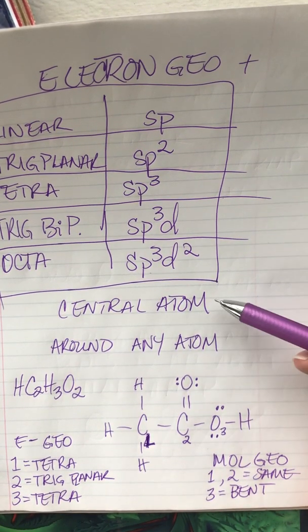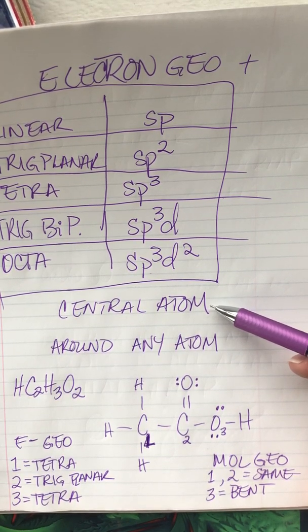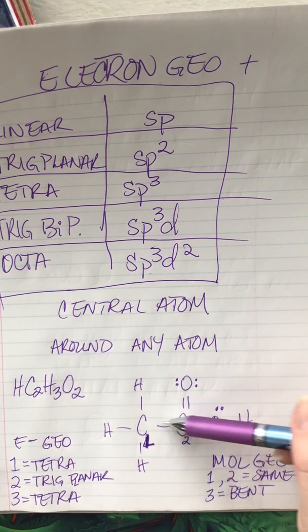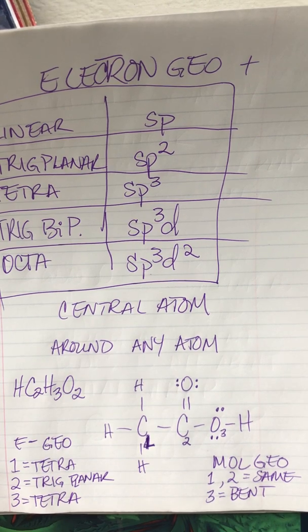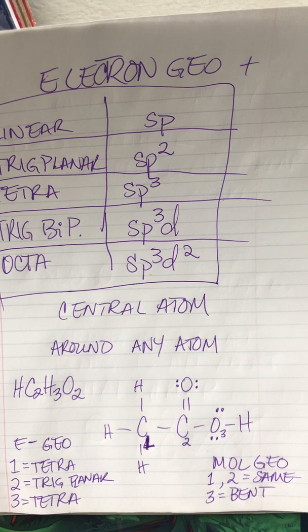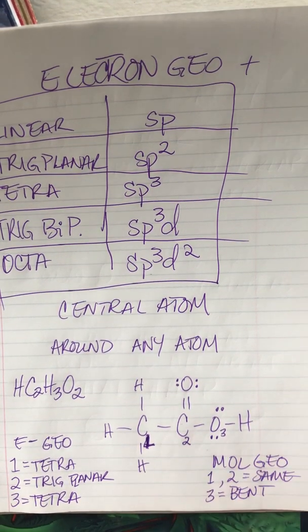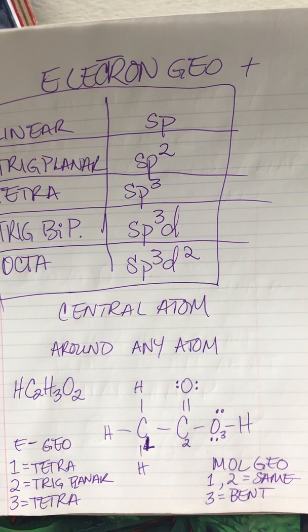So we're usually talking about the central atom, but especially when you get into organic molecules, there's not usually a central atom. You could talk about any of the atoms as being central, quote unquote. Okay. Does that make sense? So if we know the electron geometry of each one of these, we can talk about the hybridization of each one also, right?